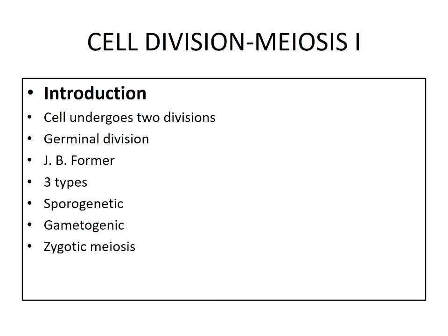Meiosis commonly takes place in germ cells, and hence it is called a germinal division. During meiosis, the chromosome number is reduced to half of the total, hence it is also called a reduction division.